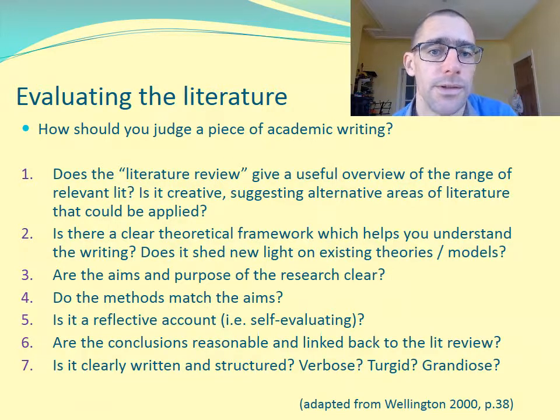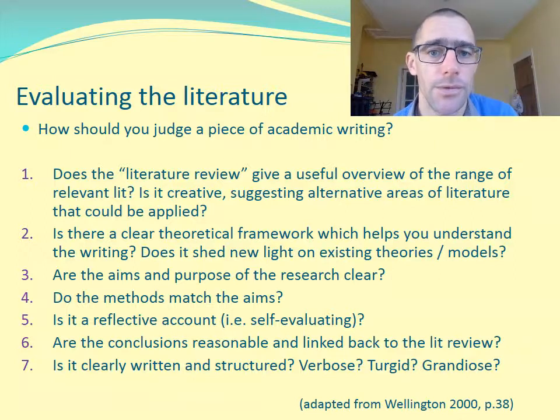Number one, does the literature review in what you're looking at give a useful overview of a range of relevant literature? Is it creative? Does it suggest alternative areas of literature that could be applied? Two, is there a clear theoretical framework that helps you understand the writing? Does it shed any new light on existing theories or models?